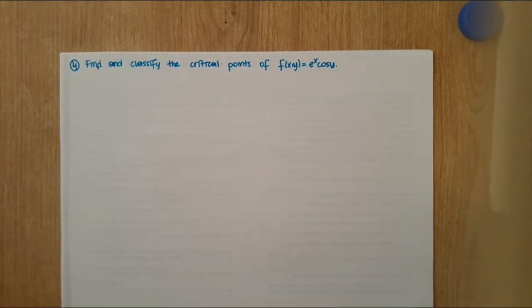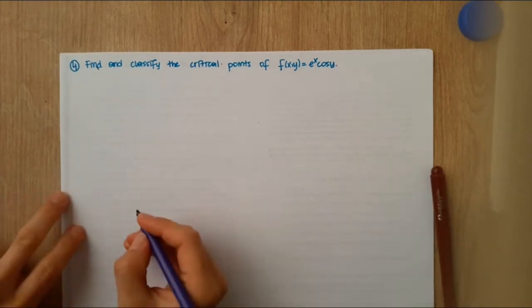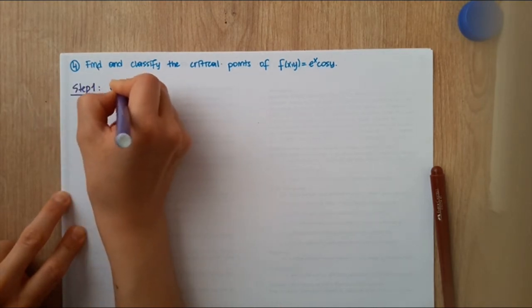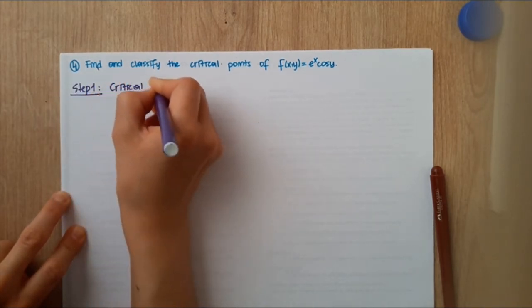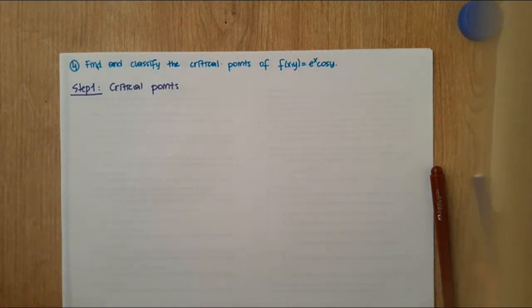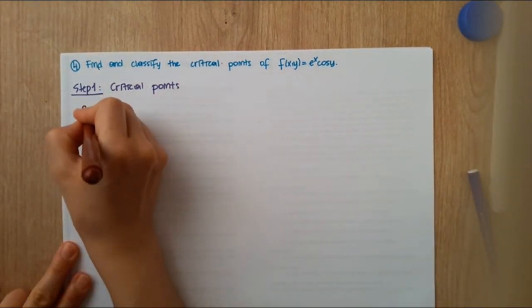Let's look at that problem. This time, we have a function which is given as e to the x times cosine y. Again, I will start with step 1, critical points. Let's start with the first partial derivative with respect to x.